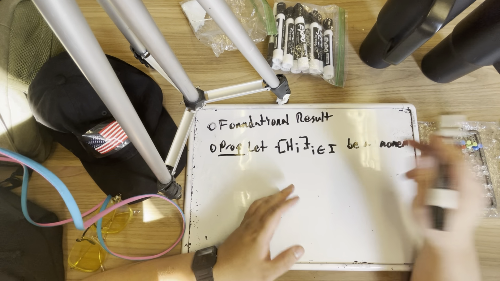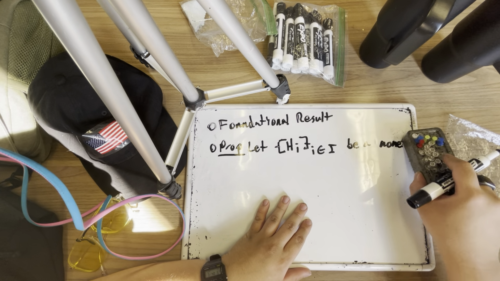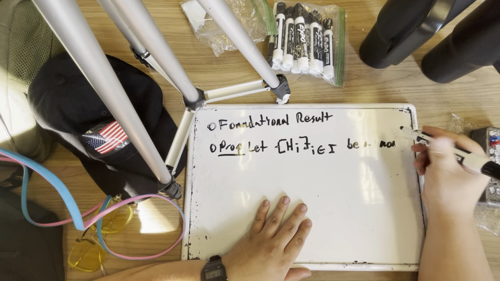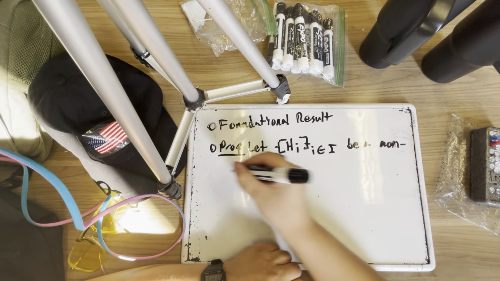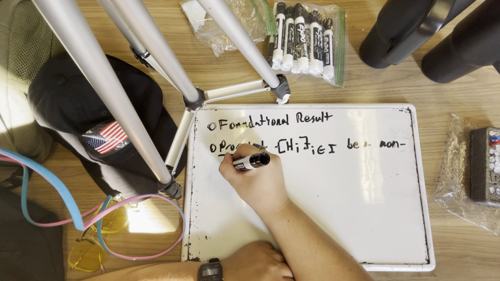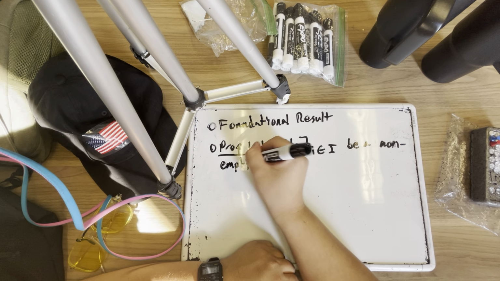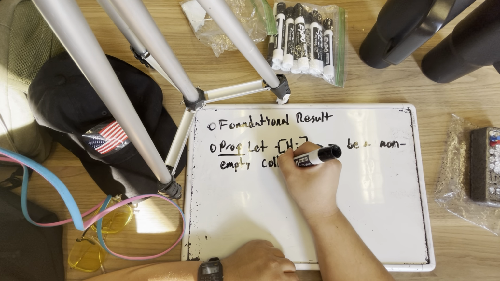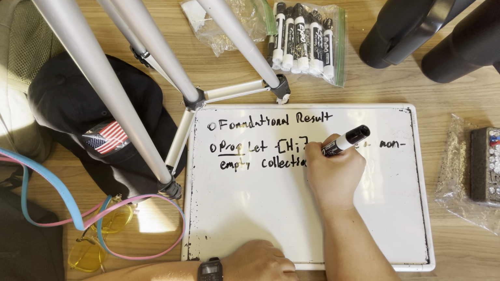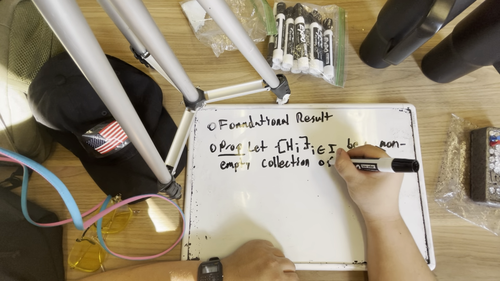That's why we have the sub i contained within I. So let this be a non-empty collection of subgroups of G.